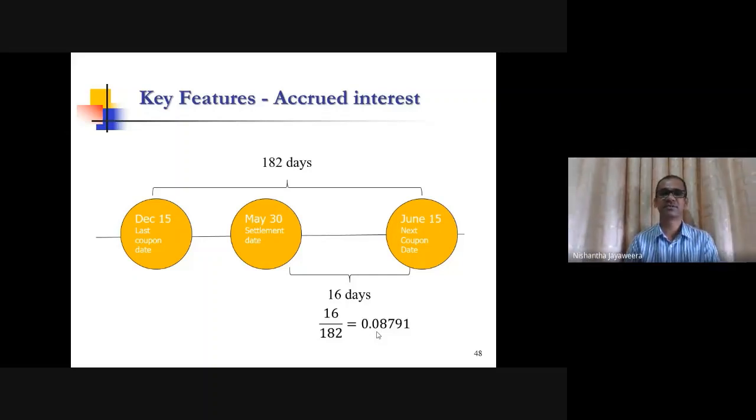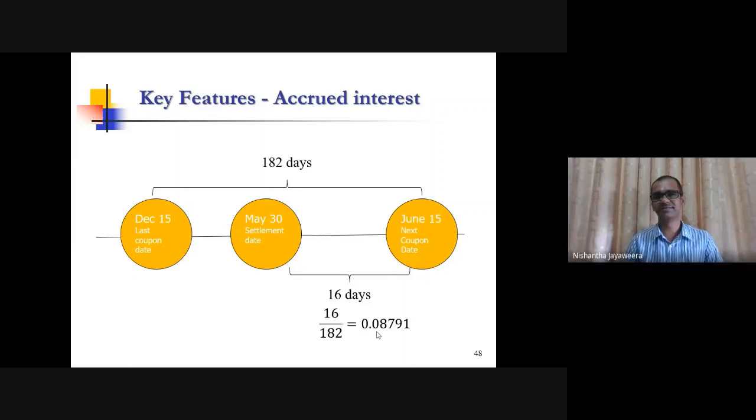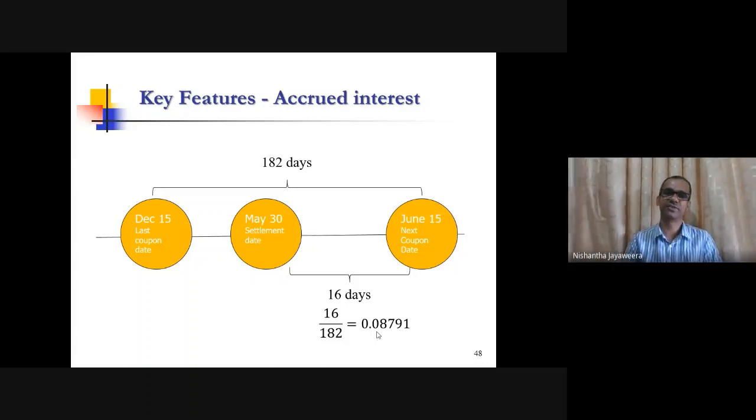If you key something wrong, garbage in, you get garbage out. Whenever you get the garbage, you feel the bad smell, you should know that something is wrong. That sense you should have. To have that, you should have the knowledge or the concepts behind this. Otherwise, you will go ahead with the wrong figures.